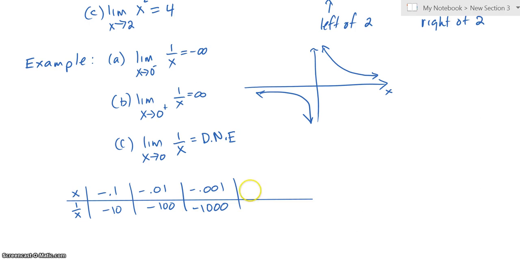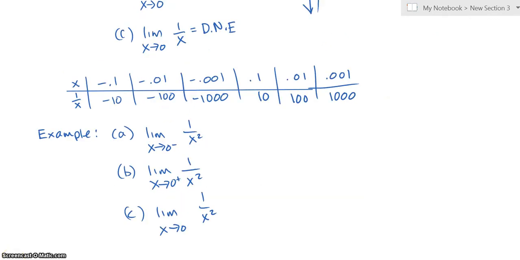Versus if I plug in just 0.1, 0.01 on the positive side, they would be 10, right? 1 over 0.01, 1 over 1/100 is 100, 1,000. You can see that it would be positive. So you could either make a table or you can graph if you're not sure of the answer.